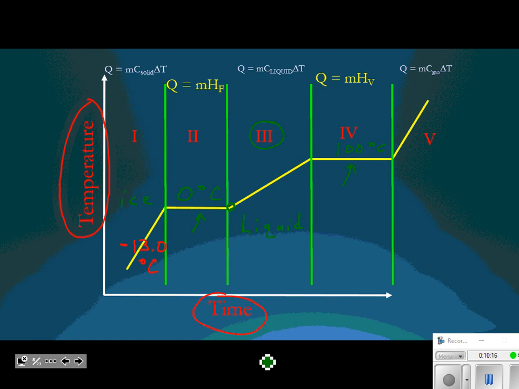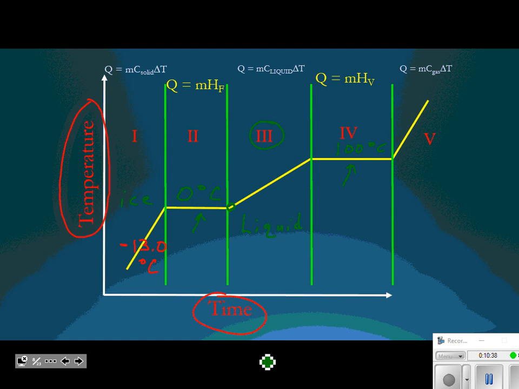Once again, it flat lines there, it plateaus because we need to use that energy to break the molecular forces that are between the water molecules. And once we break those forces, they spread out even more. There's more empty space. They turn into a gas.